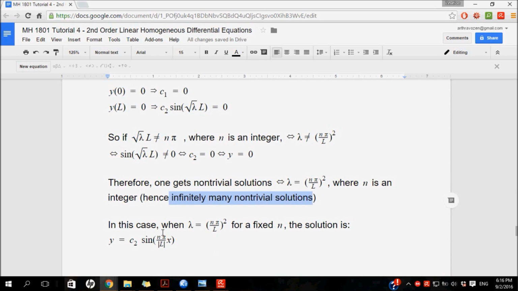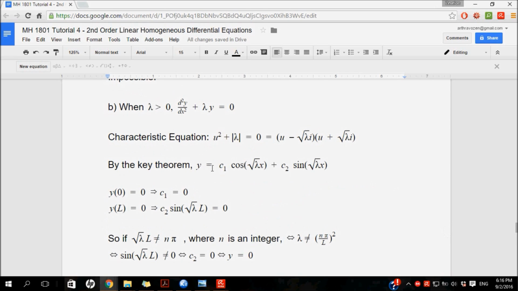Hence, in this case, when lambda equals the square of n pi divided by L for a fixed value of n, the solution becomes what we get here by substituting for the value of lambda.